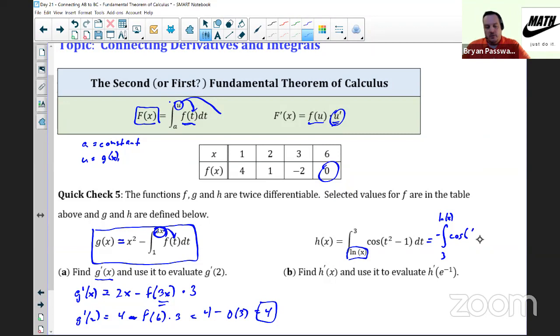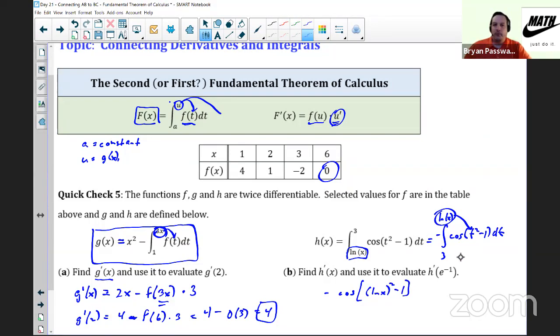And we can write that as cosine of t squared minus 1 with a negative sign in front. So now when I go to plug that limit in, we're going to have a negative in front of our answer. And when I plug it in, it's going to be cosine, and then if I plug in the natural log of x for the variable here, it's going to become the natural log of x, the whole thing squared, minus 1. That's what we would get. We plug that in.